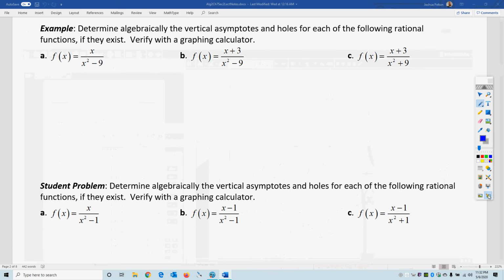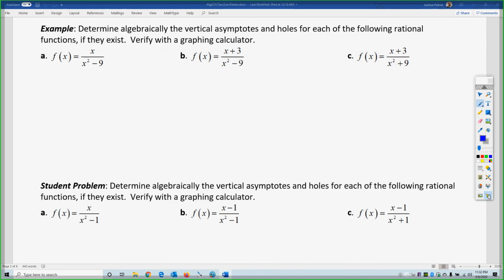This does have something common in top and bottom, because if you remember, this is x plus 3 over 1x squared plus 0x minus 9. So if I factor that out, I get x plus 3 and x minus 3.